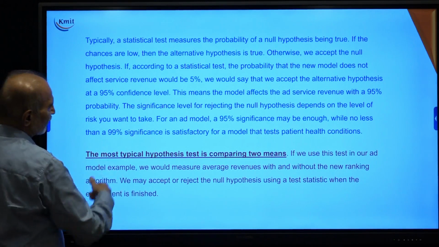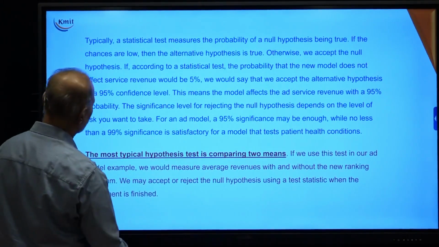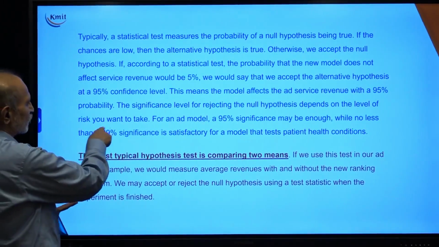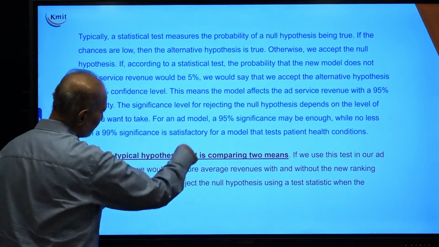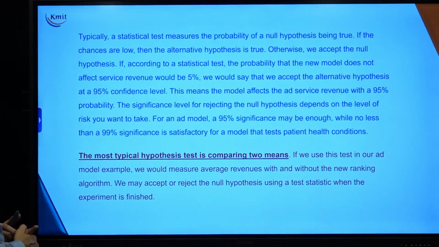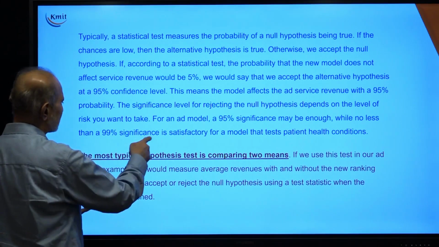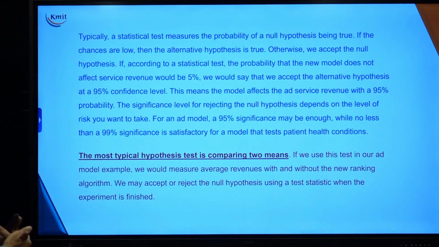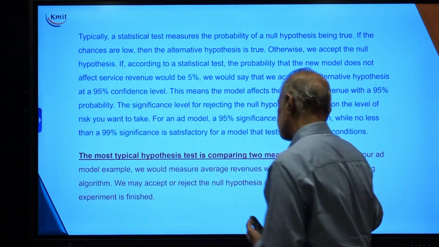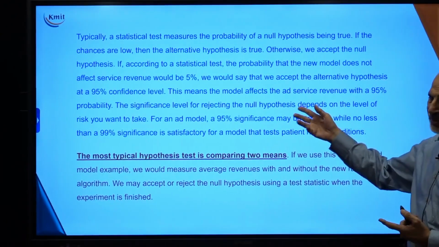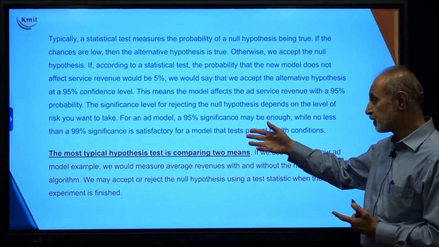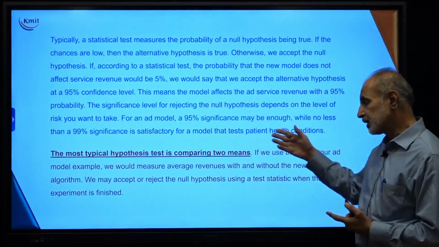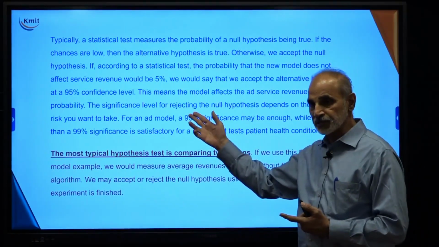The significance level of rejecting a null hypothesis depends on the level of risk you want to take. For an ad model, which we are discussing right now, 95% significance may be enough, with no less than 99% significance being satisfactory for a model that tests patient health condition. As far as revenue is concerned, 95% is perfectly okay, but for a patient health condition, 95% would be a problem.